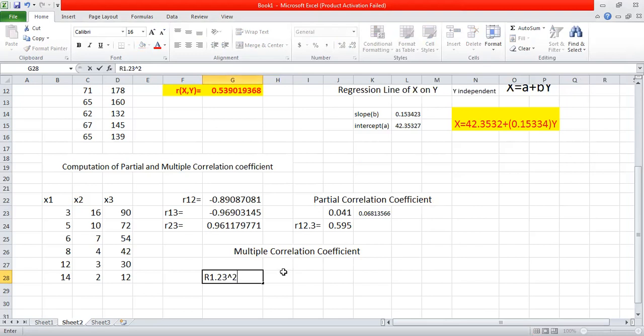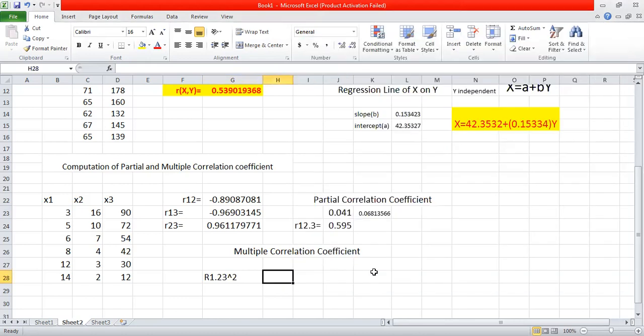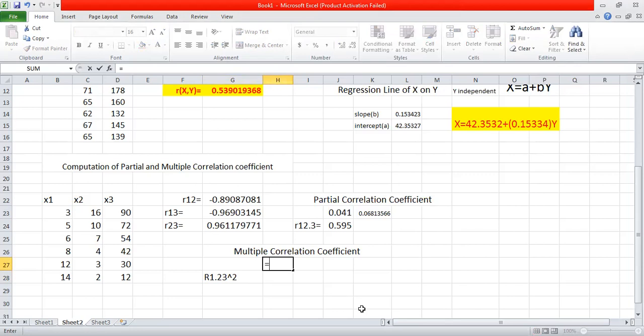What is the numerator value? Check it. R12 square, R13 square. The first term is R12 square, that is R12 into R12.